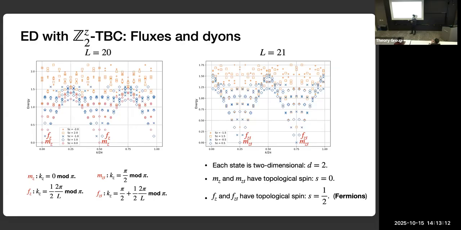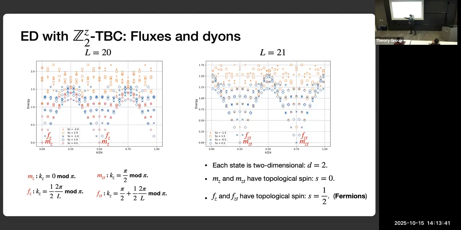And Z2X is just mapping things to each other. So it gives a twofold degeneracy. So both of these states have quantum dimension 2 because there is an exact degeneracy from the Z2X symmetry. And then they are localized around 0 or pi over 2 modulo pi. So I associate with M anyons the topological spin 0.